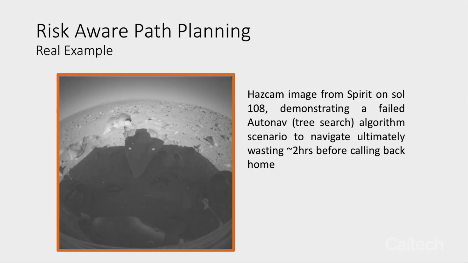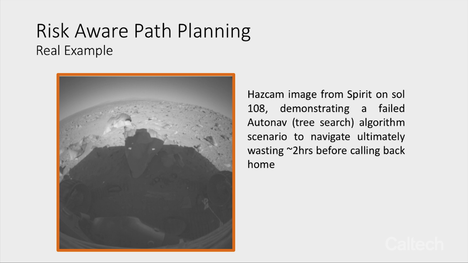So here is a real world example, I would say. This is a picture from the Spirit rover on Sol 108. Sol is the Martian day. We had this naive tree search based algorithm, and in this scenario, it tried to solve path planning, not even risk-aware, just a naive path planning algorithm, for nearly 2 hours.